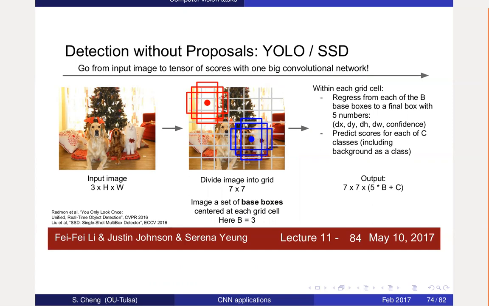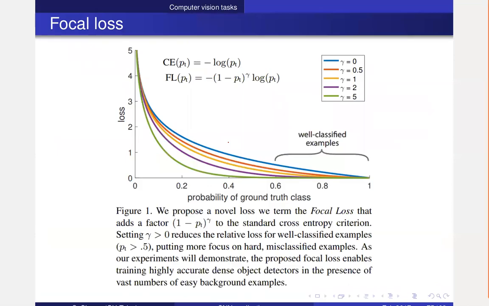To address this imbalance, what they propose is to adjust the loss somehow. We want to make sure the loss doesn't focus too much on the easy examples. The loss that typical people use is the cross entropy loss.